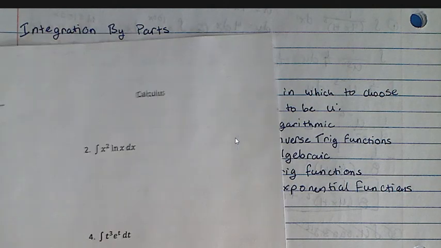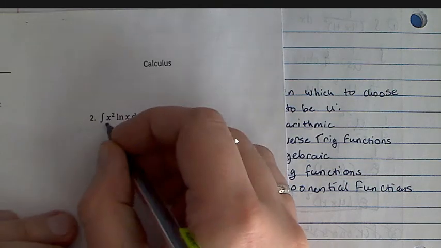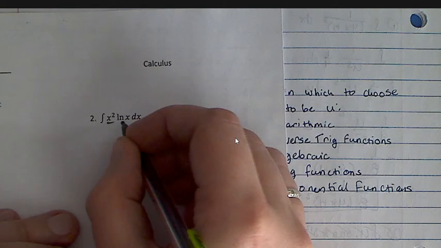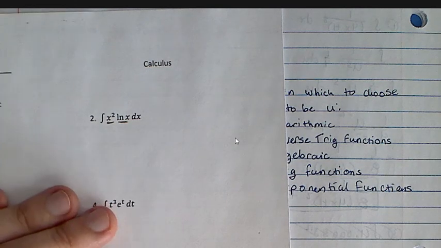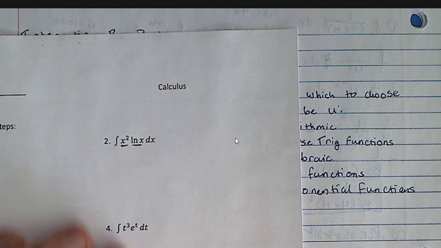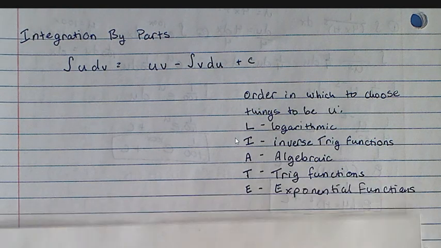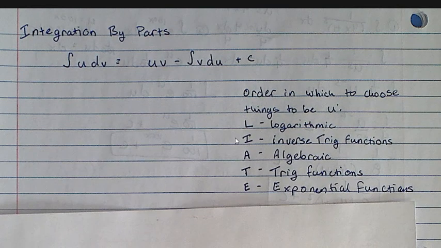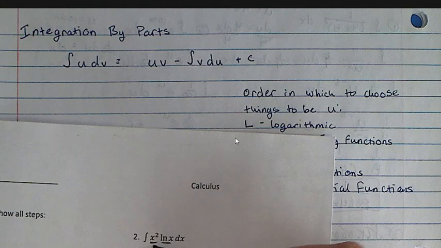Okay, so we've got two pieces here. We've got our x squared, and we've got our ln x. One of those is u, and one of those is dv. So we have to pick which of them to be u. According to our order, we've got an algebraic thing and a logarithmic thing.